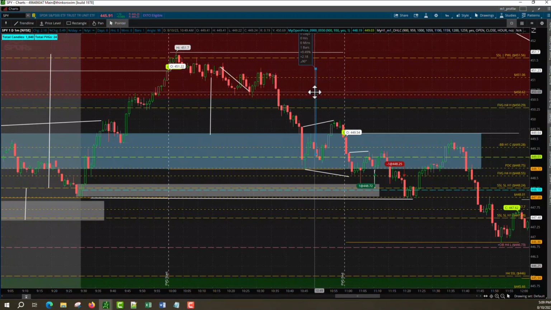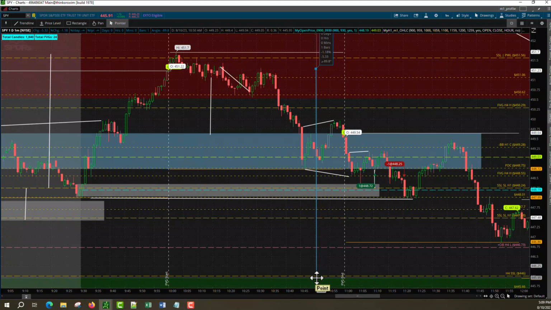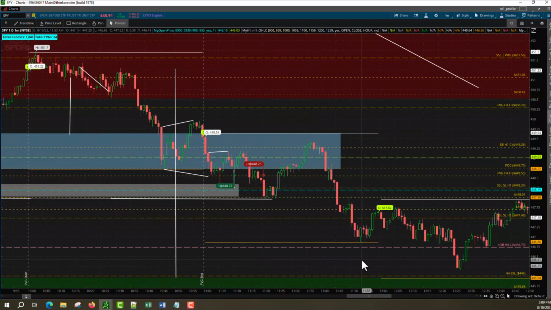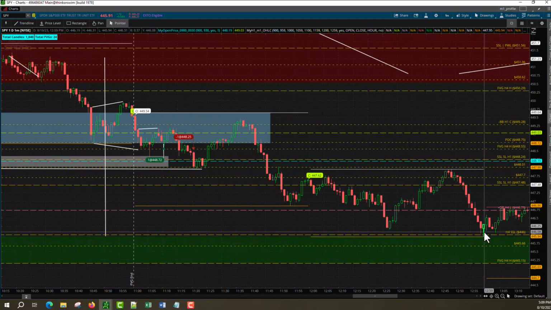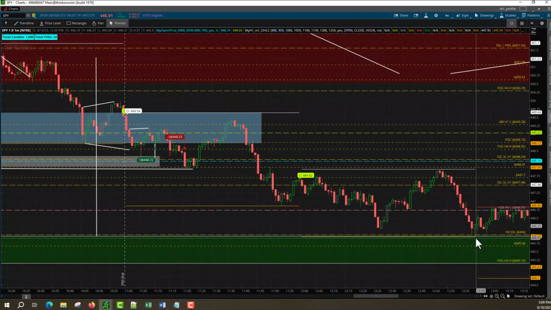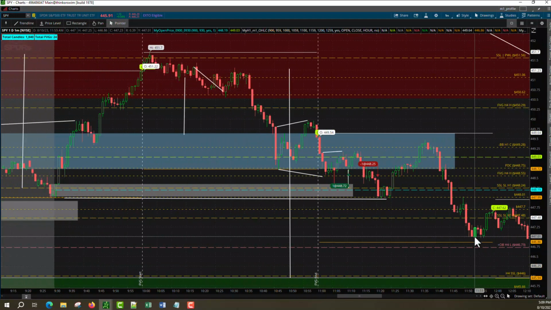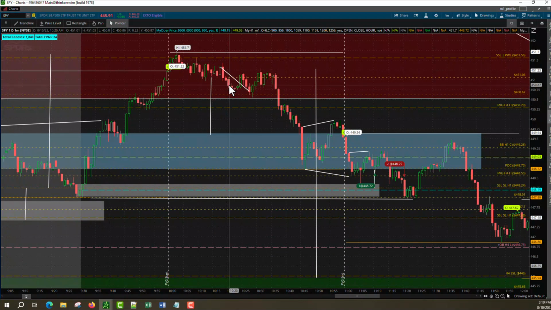From here, put it all the way to here. It hit this target. $5 move. Man, come on, my friend. Hit a $5 move at 1 p.m. or 13 hour. So that's the second short trade that we missed right there.